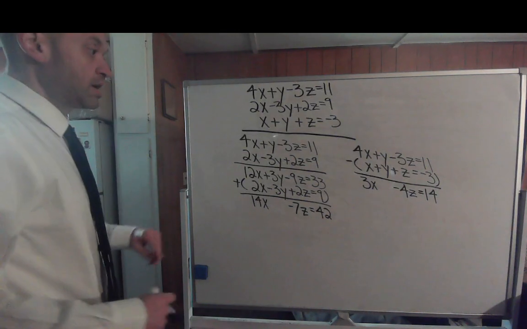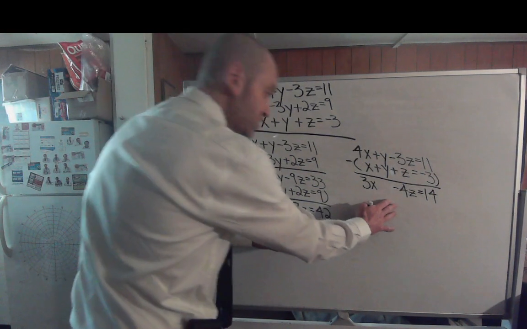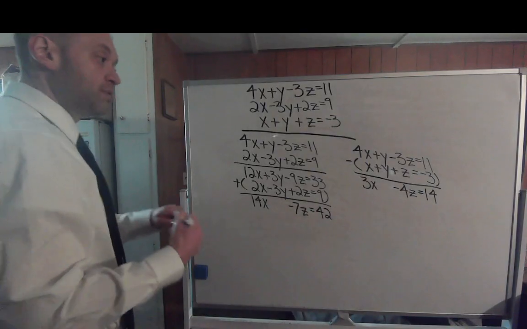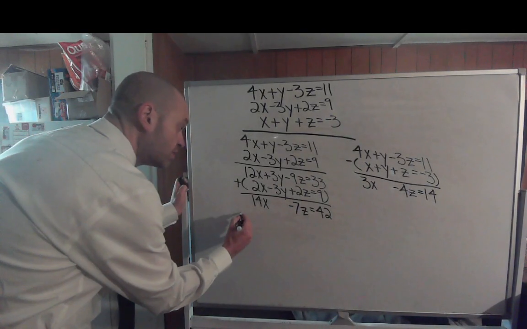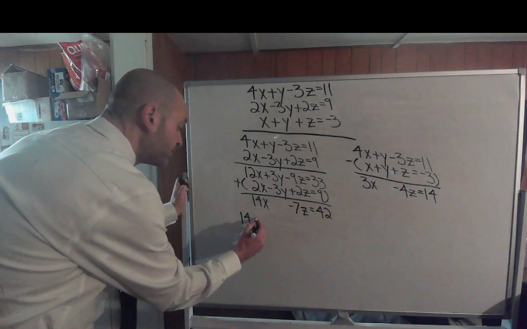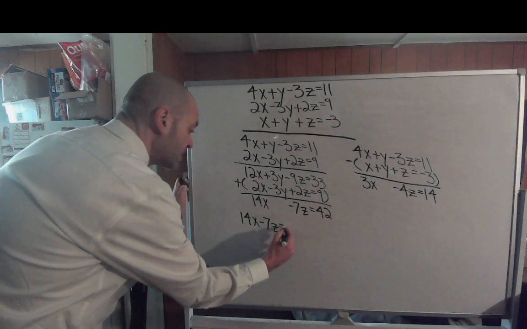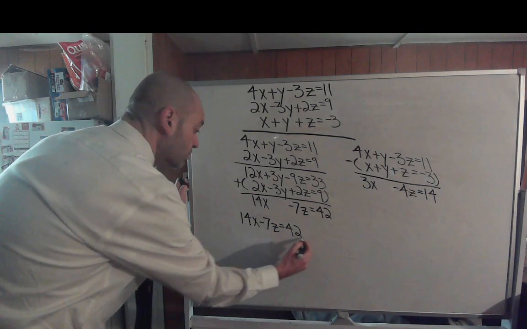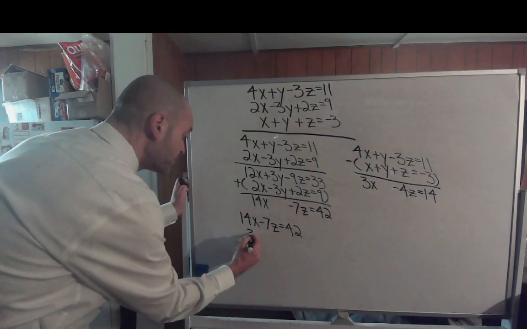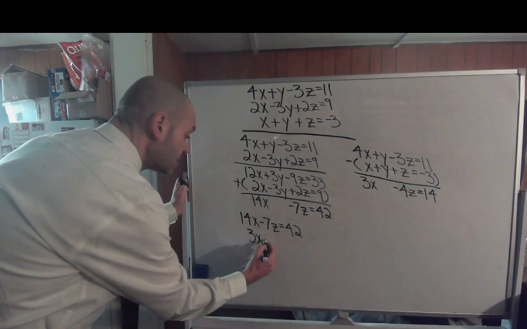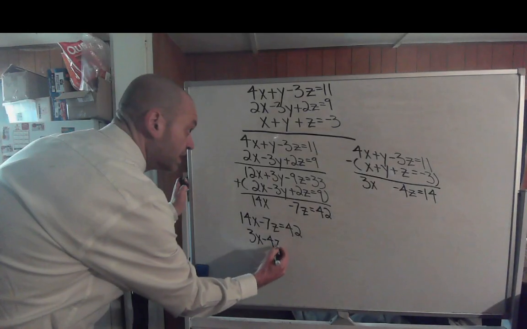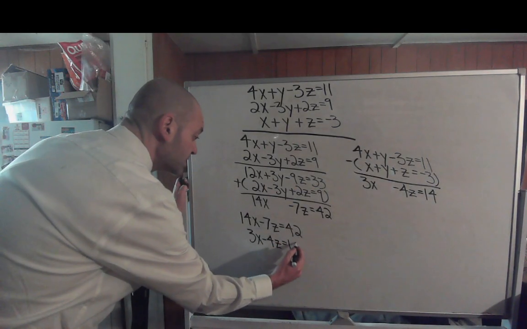So with these two new equations with y eliminated, we now need to add these together. So you'll have 14x minus 7z equals 42. And then you'll have 3x minus 4z equals 14.